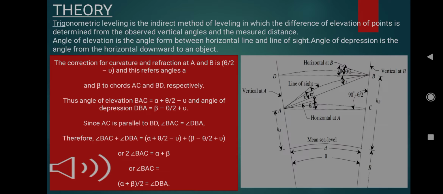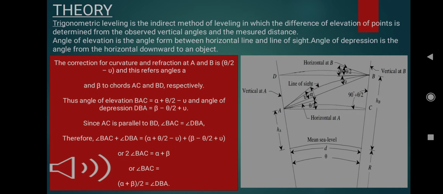The diagram clearly shows that D is the horizontal distance between A and B, deduced from the coordinates of the 2 points. Angle BAC between AB and chord AC is related to the angle theta between two verticals at A and B, which meet at the arc center, since AC makes an angle of theta by 2 with the horizontal at A. The correction for curvature and refraction at A and B is theta by 2 minus nu, and this refers angles alpha and beta to chords AC and BD respectively.